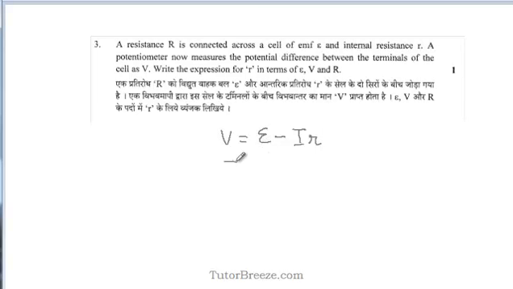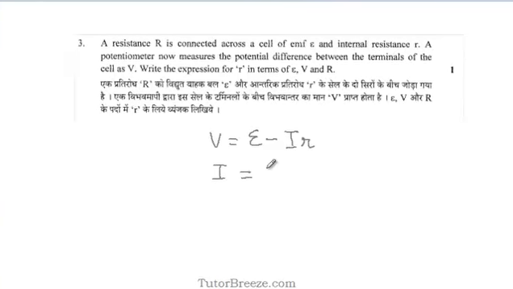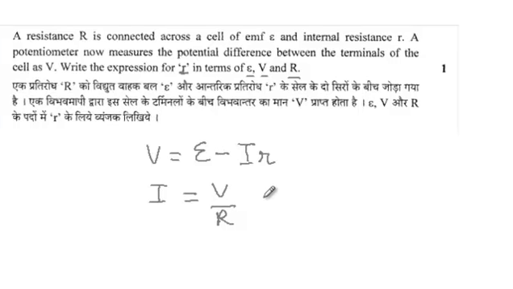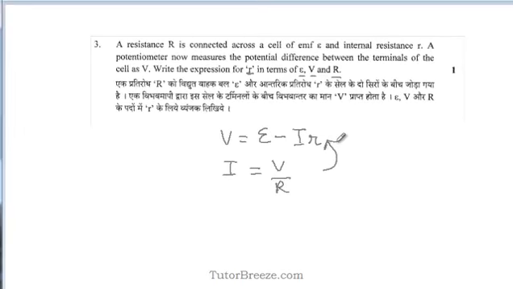Now I can be written as V over R. In the answer we need to express r in terms of E, V and R. So if you put I in terms of V and R and substitute this into the first equation, you get V equals E minus V over R times r, and then you can write the expression for r.